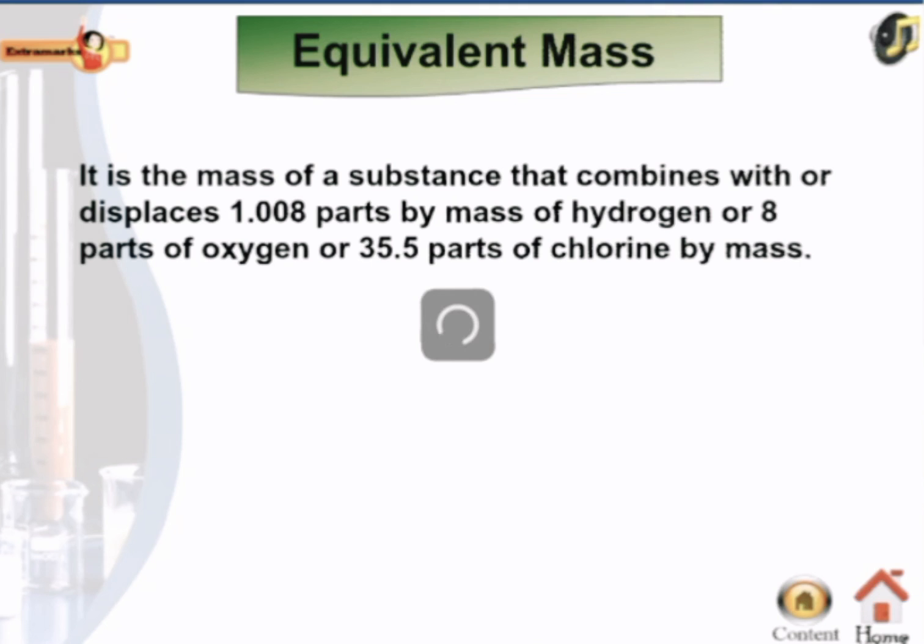Equivalent mass is the mass of a substance that combines with or displaces 1.008 parts by mass of hydrogen or 8 parts of oxygen or 35.5 parts of chlorine by mass.